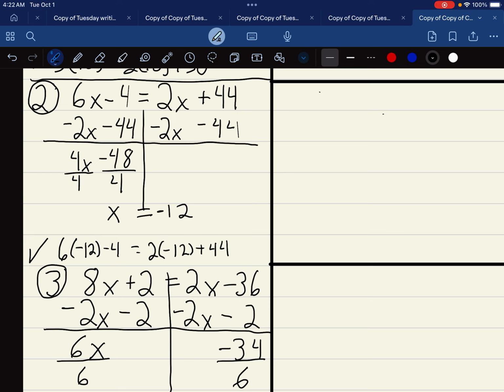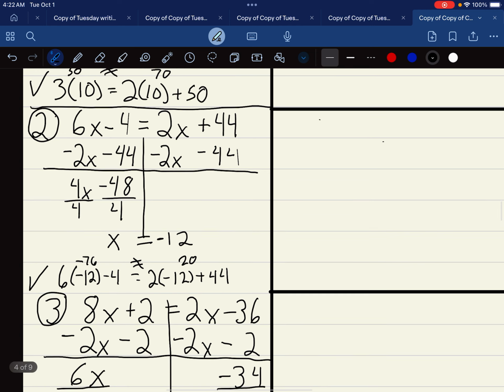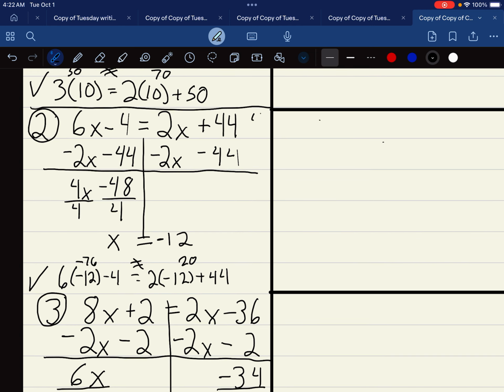Minus 4 would be negative 76. Negative 12 times 2 is negative 24. And negative 24 plus 44 is going to be 20. So those are not equal. So we have made a mistake. All right. So no parentheses, no like terms to combine.